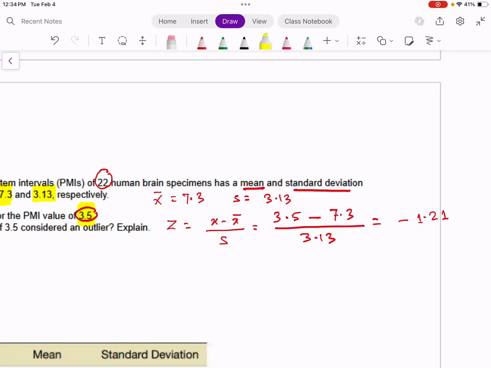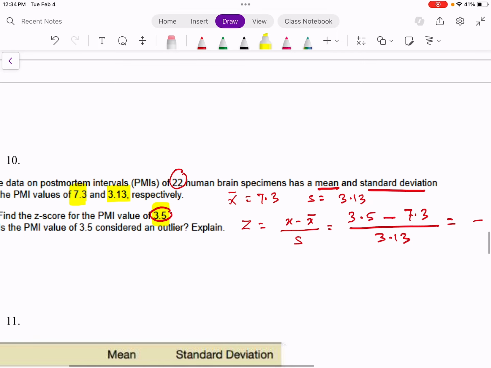So where is this measurement located from the mean? Do we find it on the left of the mean or on the right? From here we can make a conclusion. Every measurement that has a negative z-score is on the left of the mean, and the measurement whose z-score is positive is on the right of the mean.